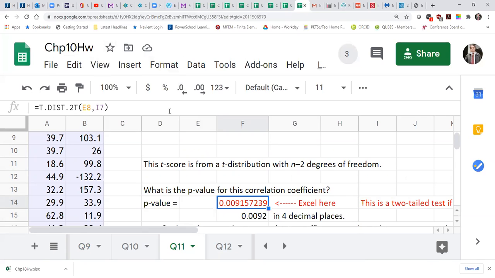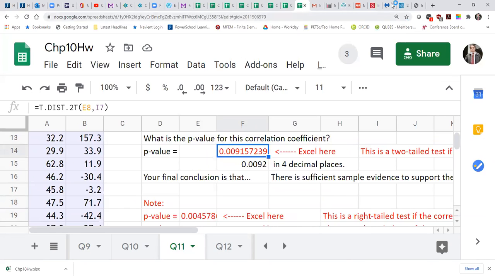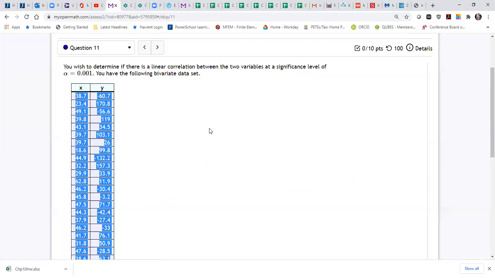Or two-tailed test, okay, because not equal. So for not equal is two-tailed test, so you use this one. So yeah, this is two-tailed test. So for the answer in decimal, the p-value will be 0.0092, right? Okay.